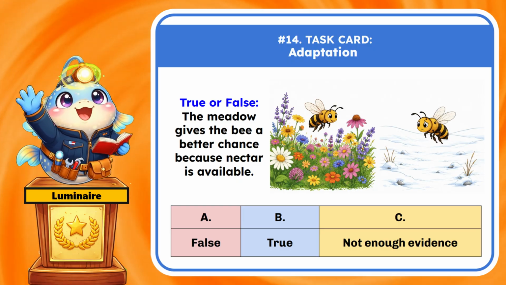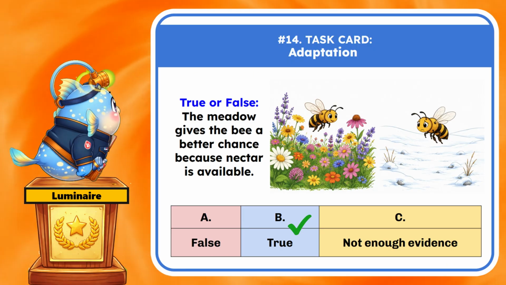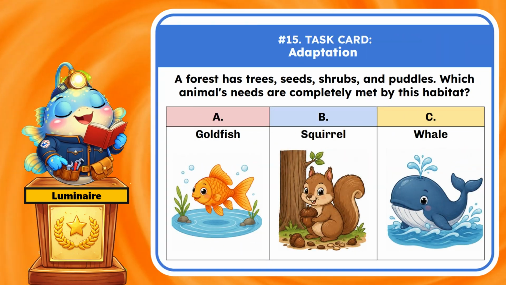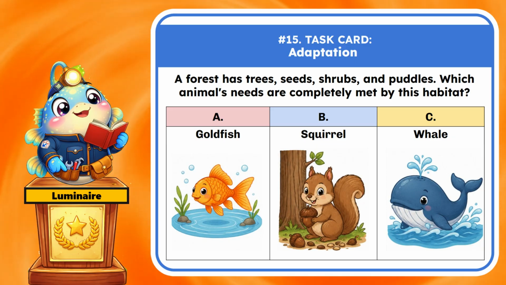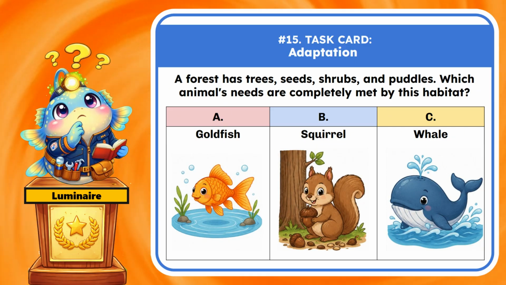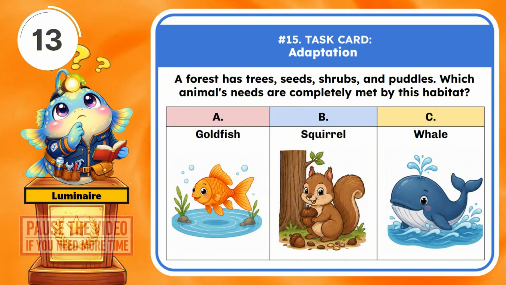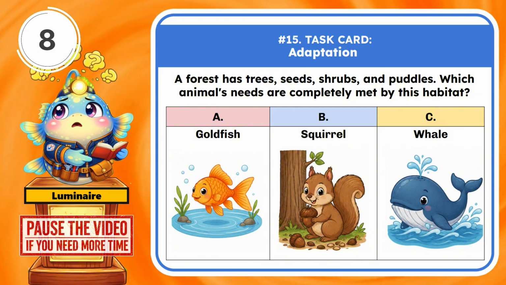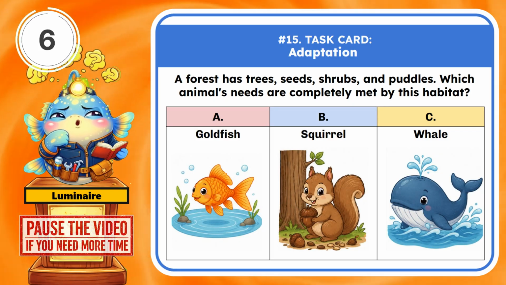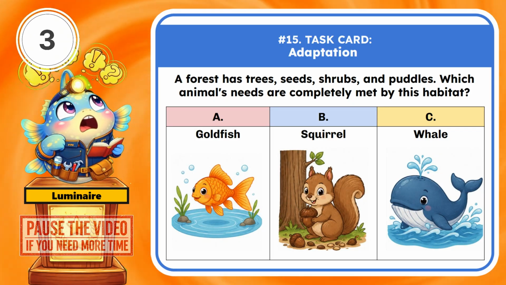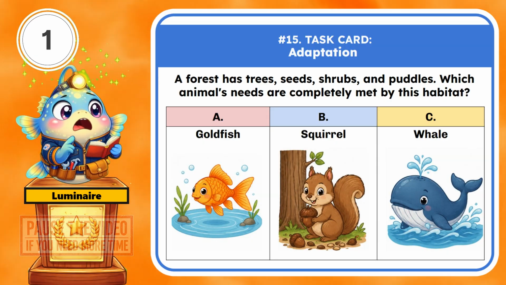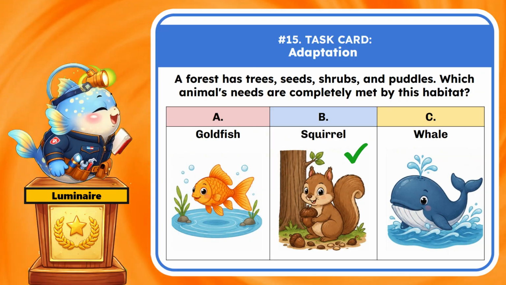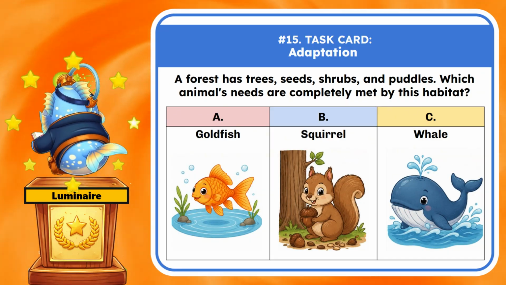And the correct answer is letter B, true. A forest has trees, seeds, shrubs, and puddles. Which animal's needs are completely met by this habitat? And the correct answer is letter B, squirrel.